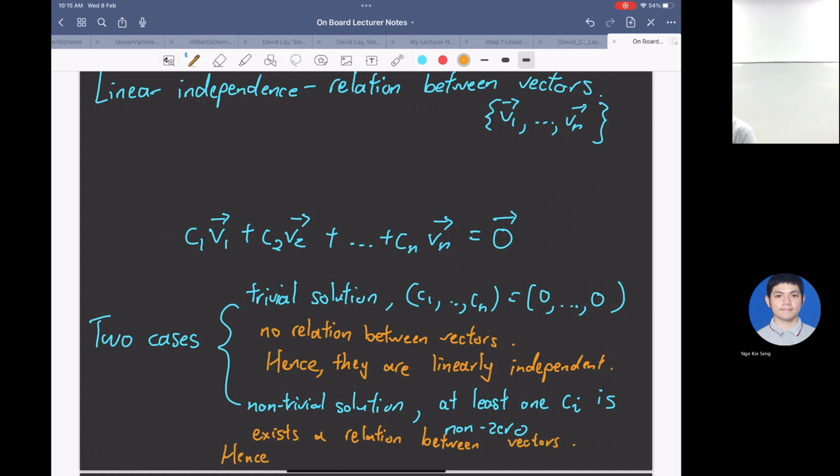Hence, they are linearly dependent. So for linear independence, you set up this vector equation, and then ask yourself whether you have a trivial or non-trivial solution. This is the definition. Any question or not?